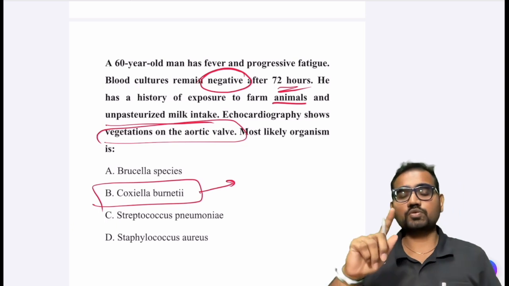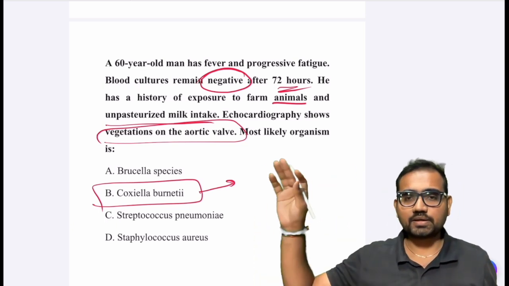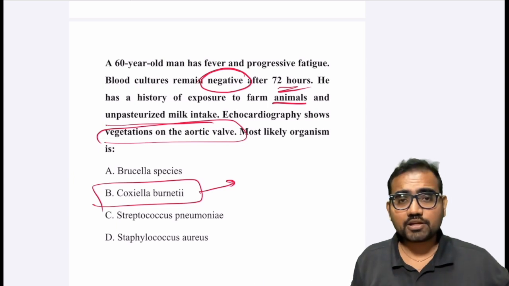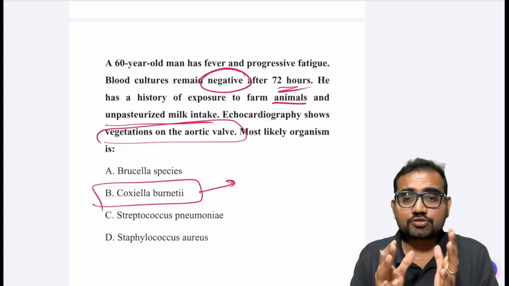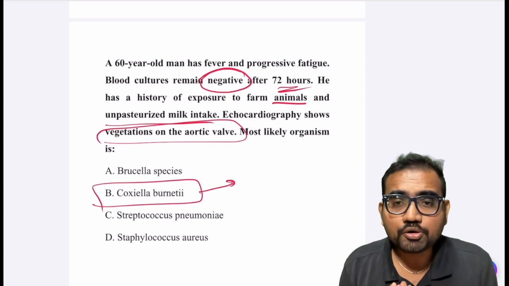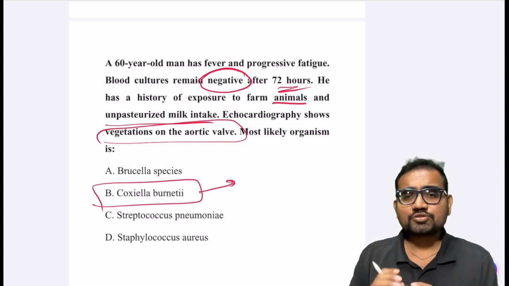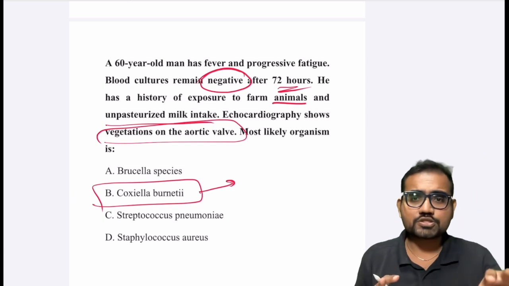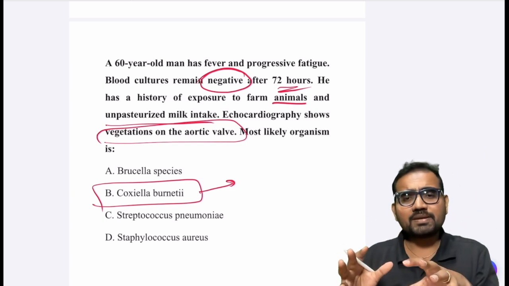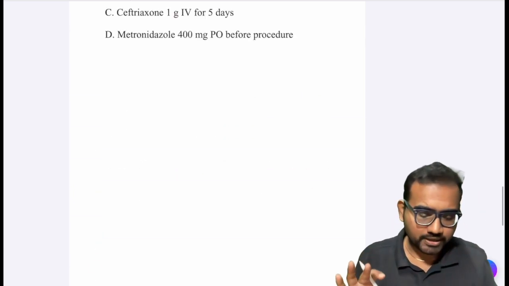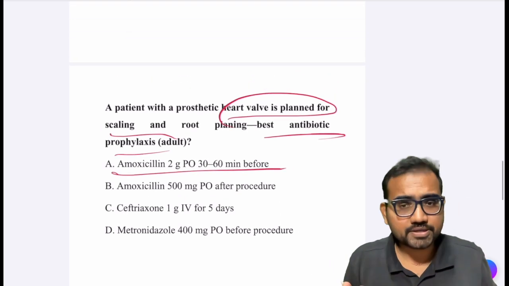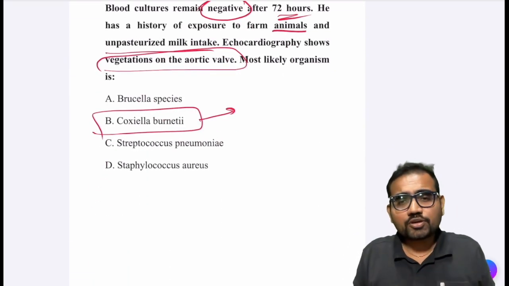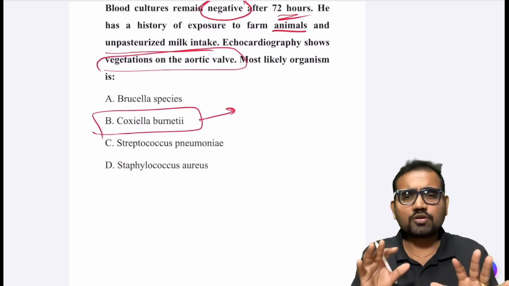So when a patient is clinically confirmed to have endocarditis but the blood culture is negative even after 72 hours, your diagnosis should be Coxiella burnetii. These are the few rare questions apart from the normal basic concepts of endocarditis. These might be rare exceptions, Coxiella burnetii and also Staphylococcus epidermidis. In the morning session we talked about the basics, and in the evening session we talked about a few concepts which might also be asked.